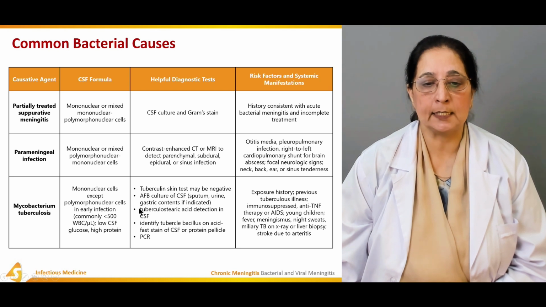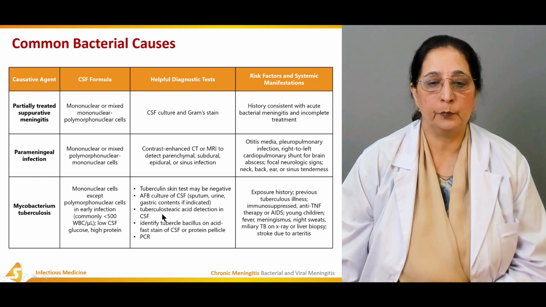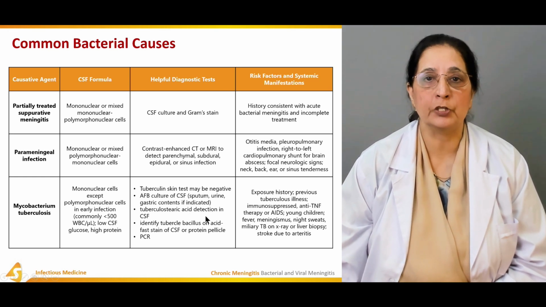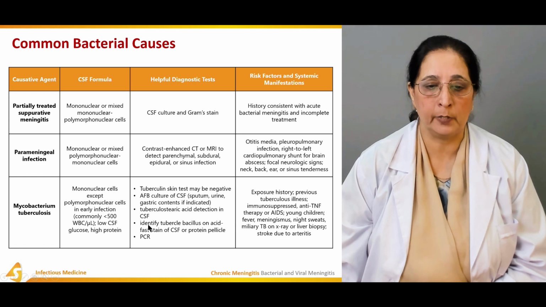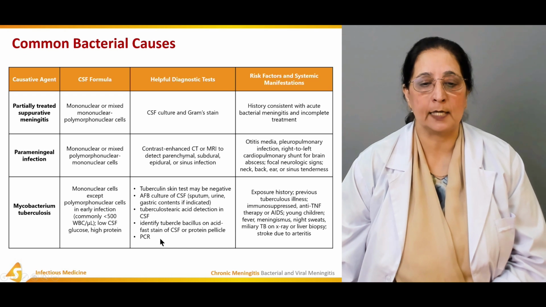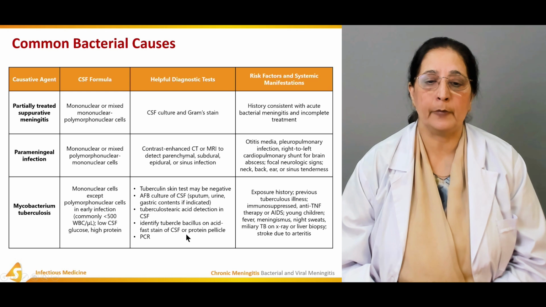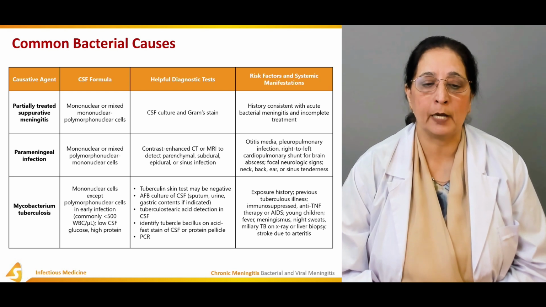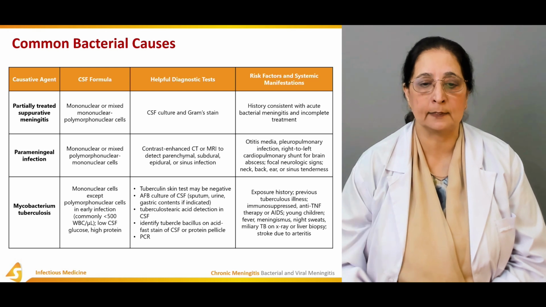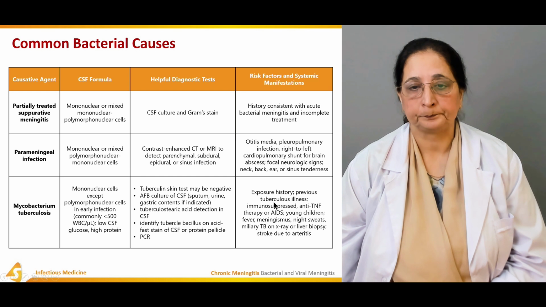Tests include tuberculin skin test, acid-fast bacilli culture, tuberculostearic acid detection in cerebrospinal fluid, and identified tubercle bacillus on acid-fast stain of cerebrospinal fluid. Mycobacterium tuberculosis is an acid-fast bacillus, and that's the important test for the diagnosis.